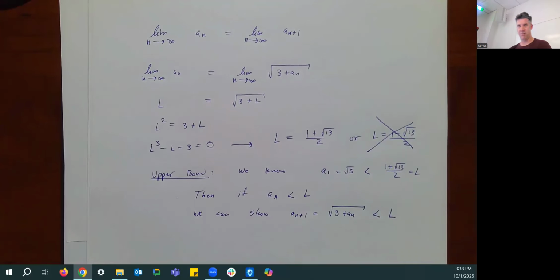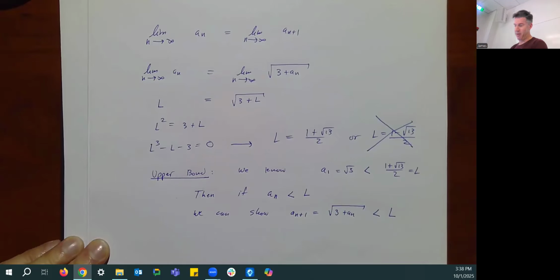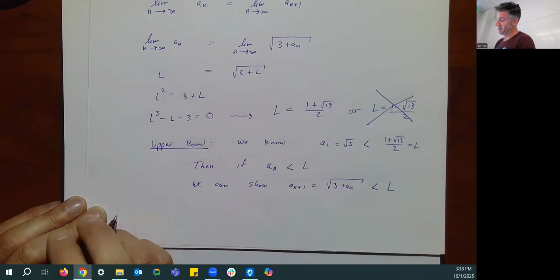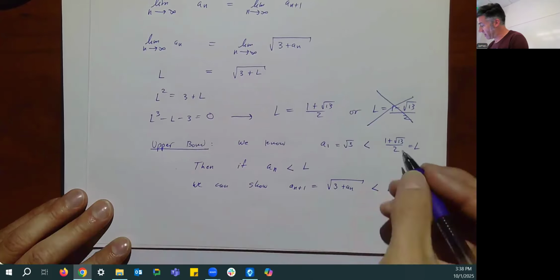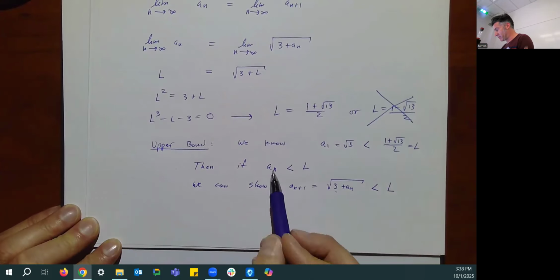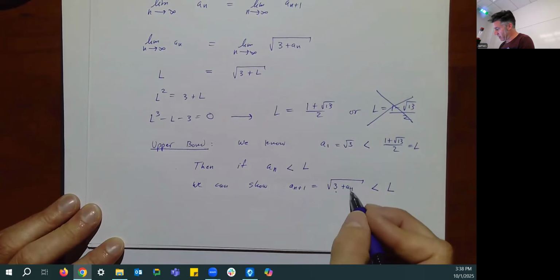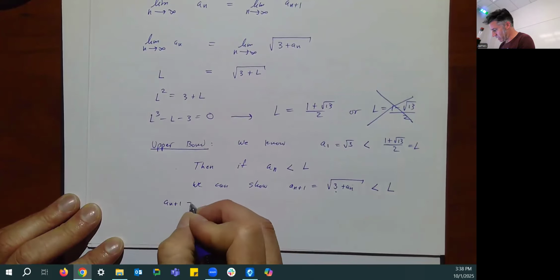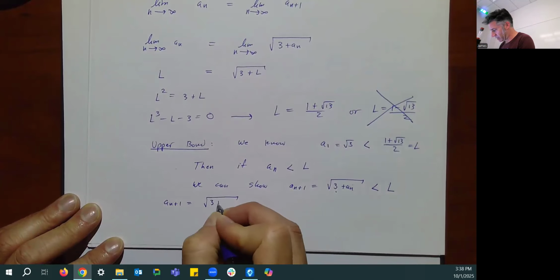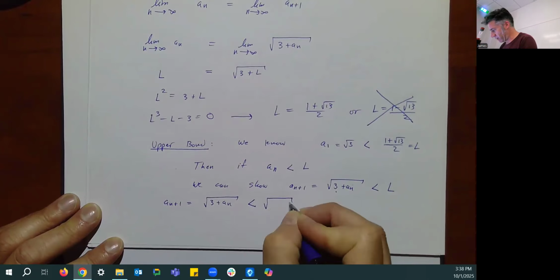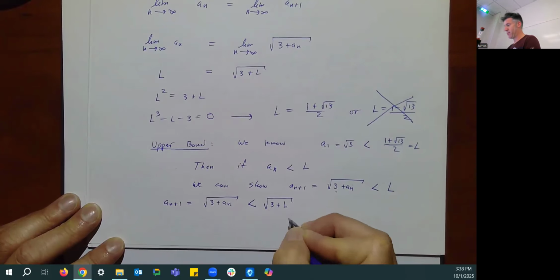And it might feel like, really, James? You're saying that's true? Well, the idea here is that we know a sub n is less than L. So then a sub n plus 1, which is equal to the square root of 3 plus a sub n, is less than the square root of 3 plus L.